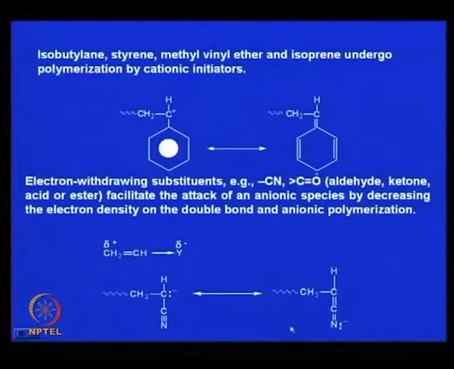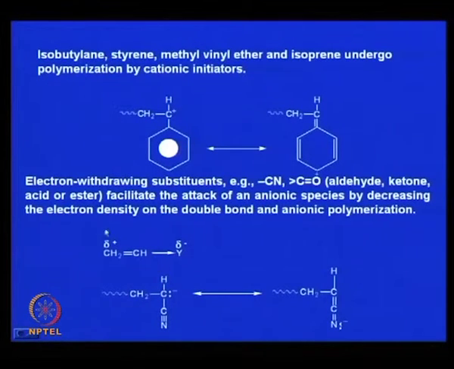In case of acrylonitrile, here you see in this case this CN group is electron withdrawing type. It is withdrawing electron from this pi bond. So, this carbon will be delta positive.